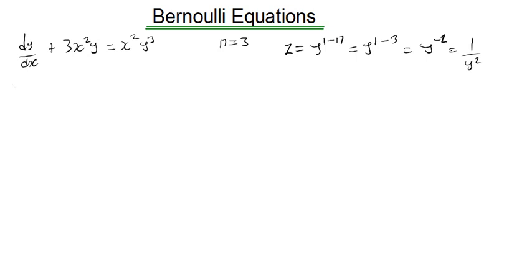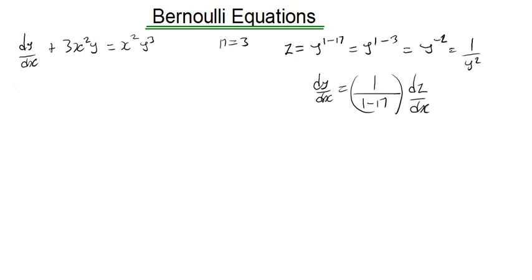Okay, so keep in mind, we said our dy/dx will be equal to 1 over 1 minus n multiplied by dz/dx. That's what you're going to change it to.